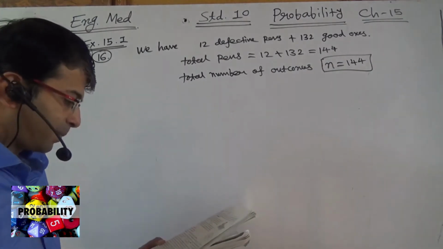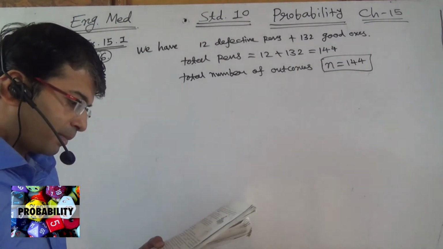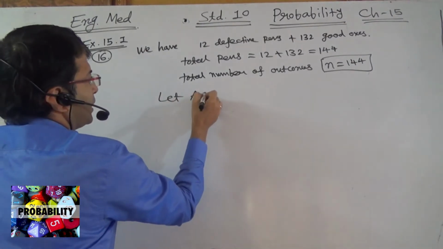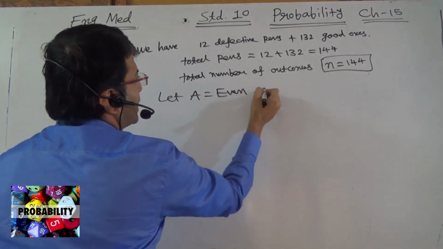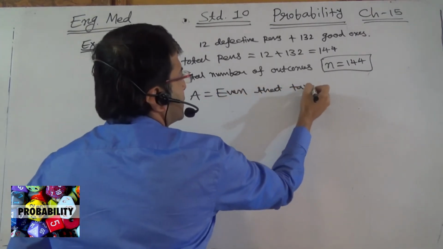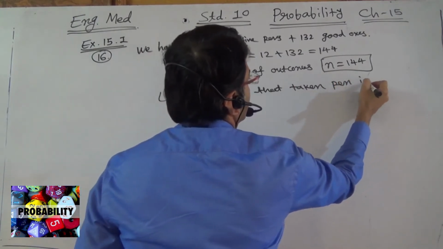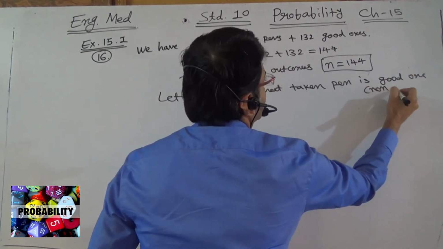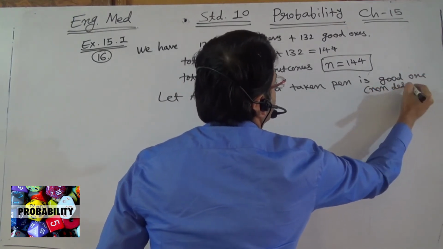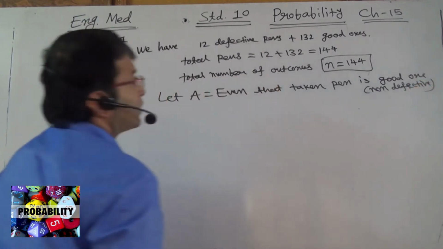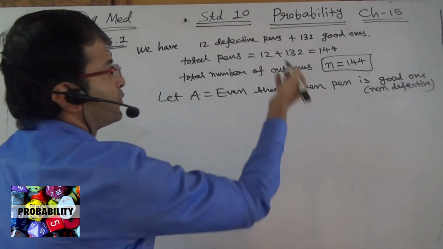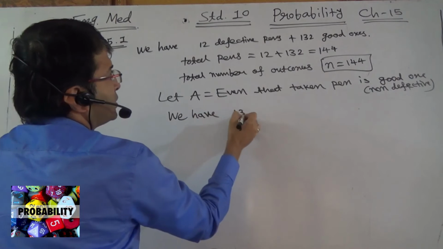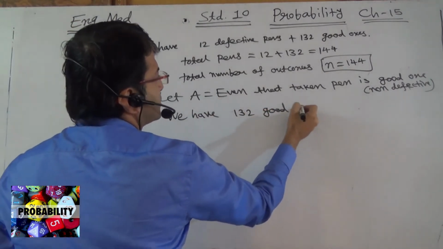Now we want to find the probability that the pen taken out is good one. So let's consider an event A that the taken pen is good one. Good one means non-defective. We have 132 good pens.